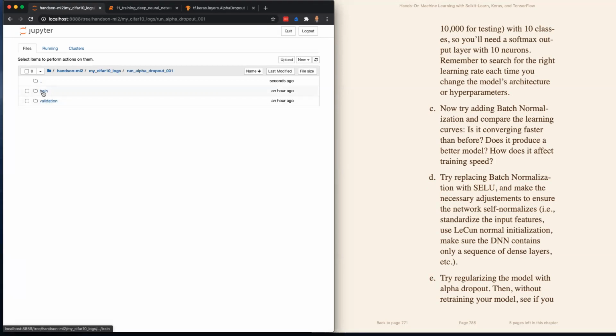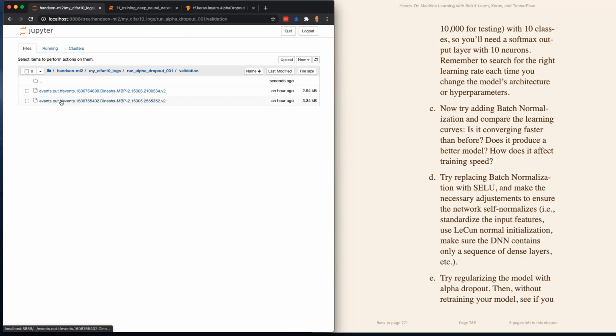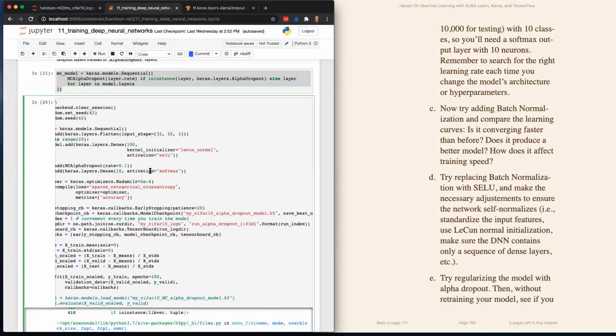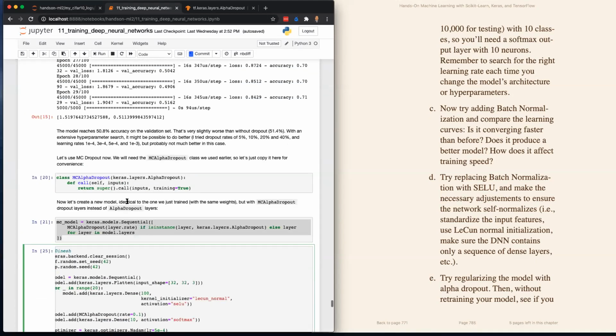When we go to training, it got mixed up, so now it's picking up all of them together, 3 of them. The validation is saying 2 of them. So that's the issue.